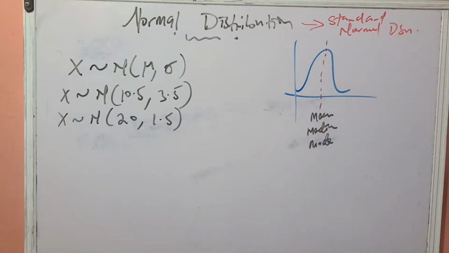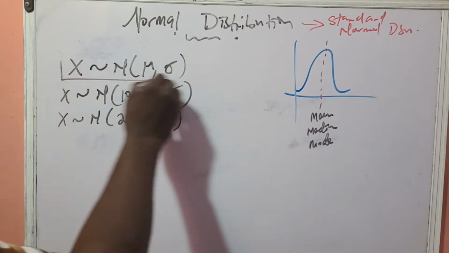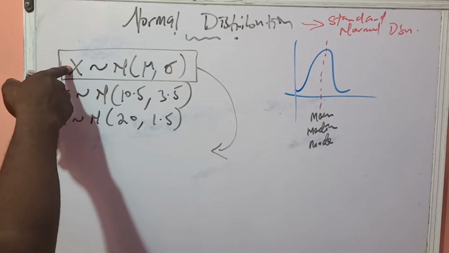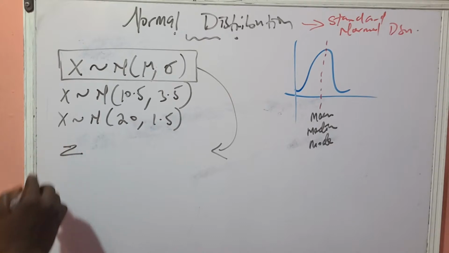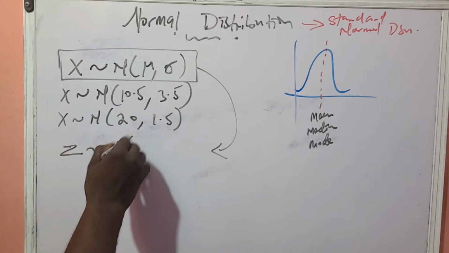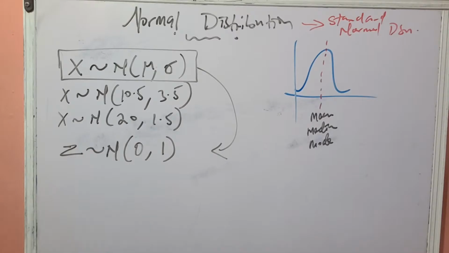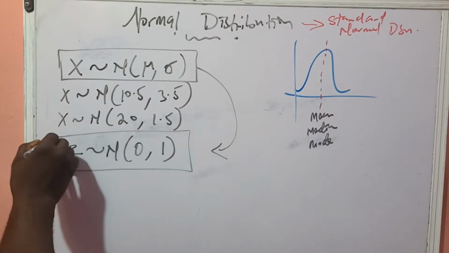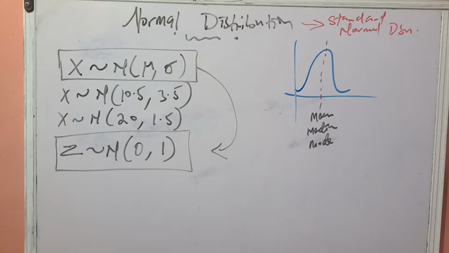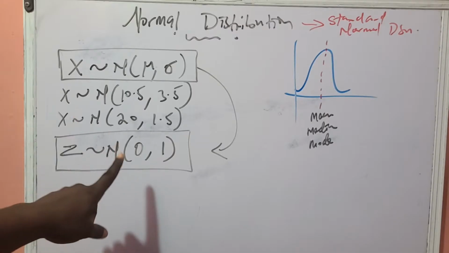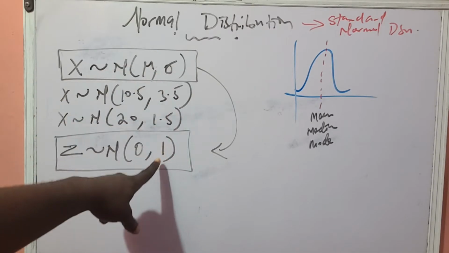And in that case, I told you that what you need to know about a standard normal distribution is that, unlike this one where we say X, in a standard normal distribution we don't talk about X, we talk about Z. So we'll say Z follows a normal distribution, but in this case, the mean is always 0 and the standard deviation is always 1. So this is a standard normal distribution. Don't forget, it's still a normal distribution, but it's a standard normal distribution with peculiar characteristics, having a mean of 0 and a standard deviation of 1.